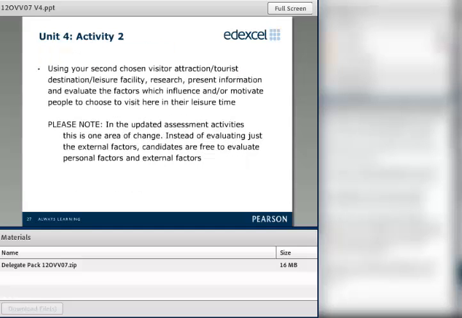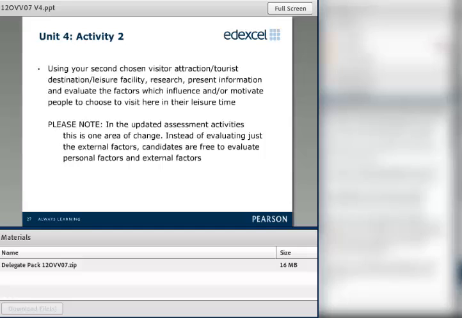Activity 2. Now, this is one where, please note, you see at the bottom, using your second chosen visitor attraction. So you've got to choose 2. So the first activity you use 1, the second activity you use the other one. You've got to present information and then evaluate the factors which influence or motivate people to choose to visit the chosen destination, facility, attraction.